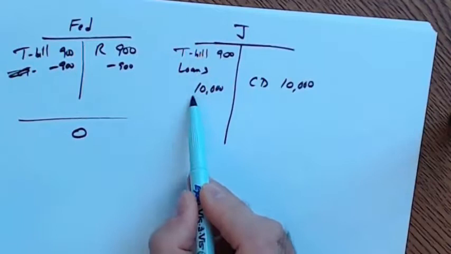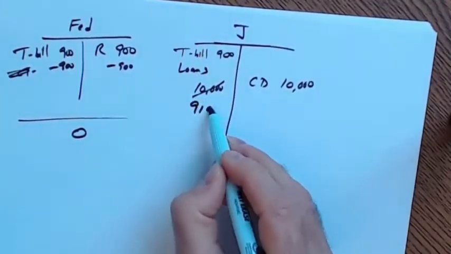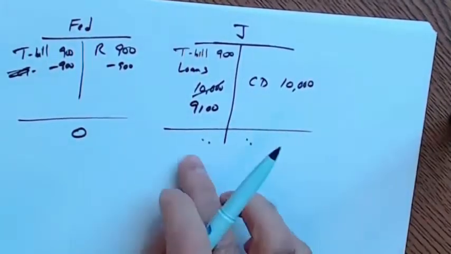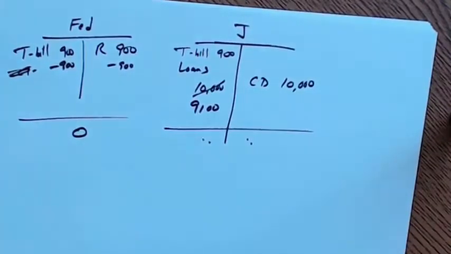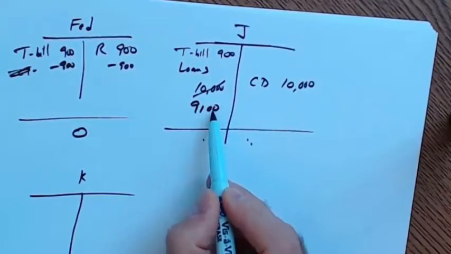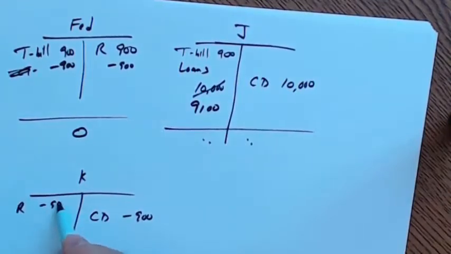The way it's going to do it is it's going to have to liquidate loans, and it'll liquidate loans to $9,100. Okay, so now Bank J balances, there's still 10,000, 10,000. And so this ends up with a reduction of loans of 900, which means checking deposits have to dry up by $900 in Bank J, which means their reserves are going to drop by 90, and their loans are going to drop by 810, and so on.